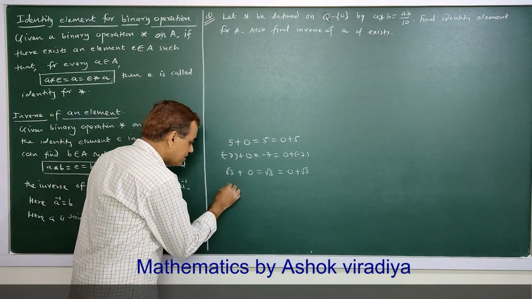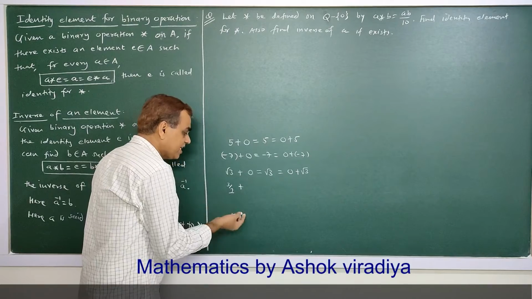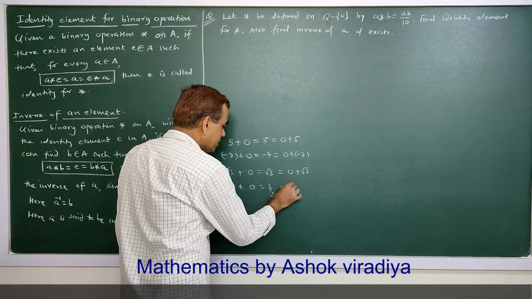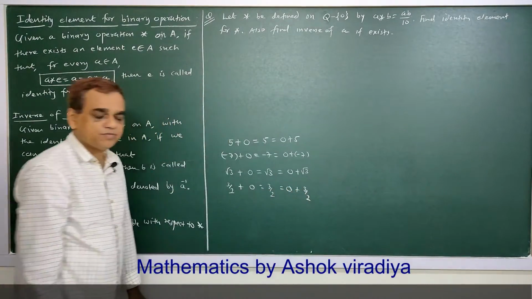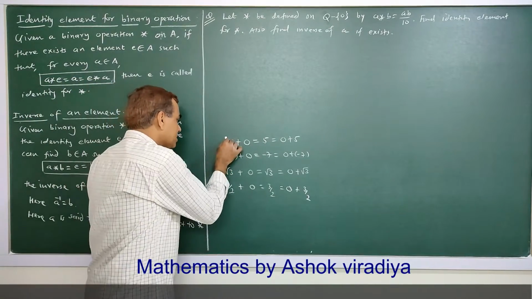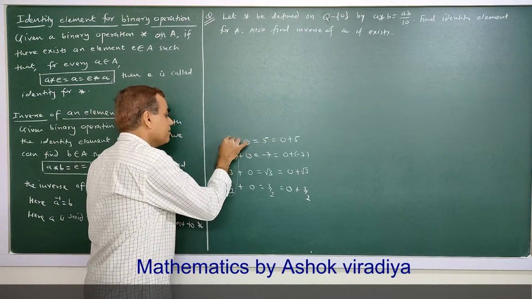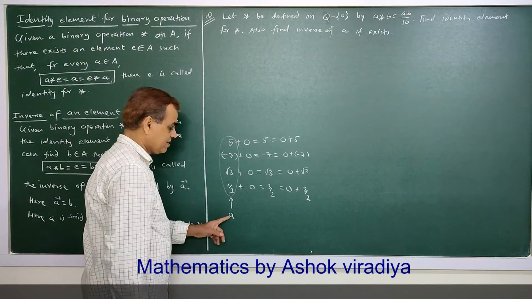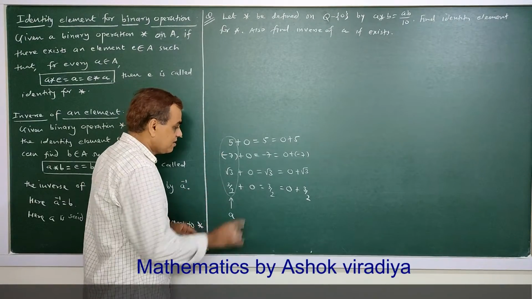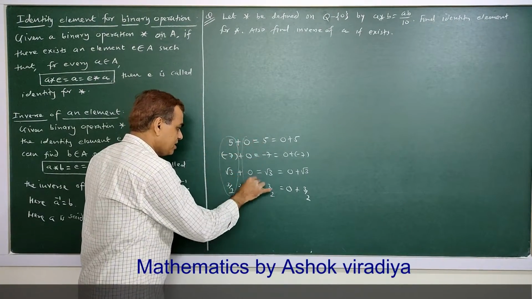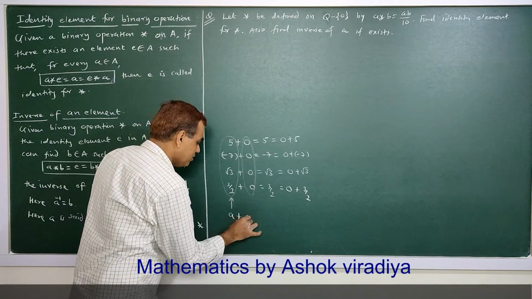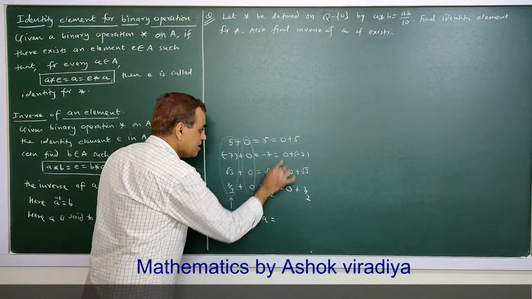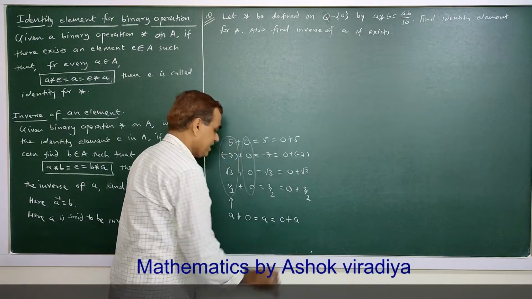For any real number, 3 by 2, it's rational. 3 by 2 plus 0 is 3 by 2 is 0 plus 3 by 2. So these numbers I am taking from set of real numbers. So these numbers, we say A. A is any real. This is fixed. A plus 0 equal to number A remains unchanged equal to 0 plus A.